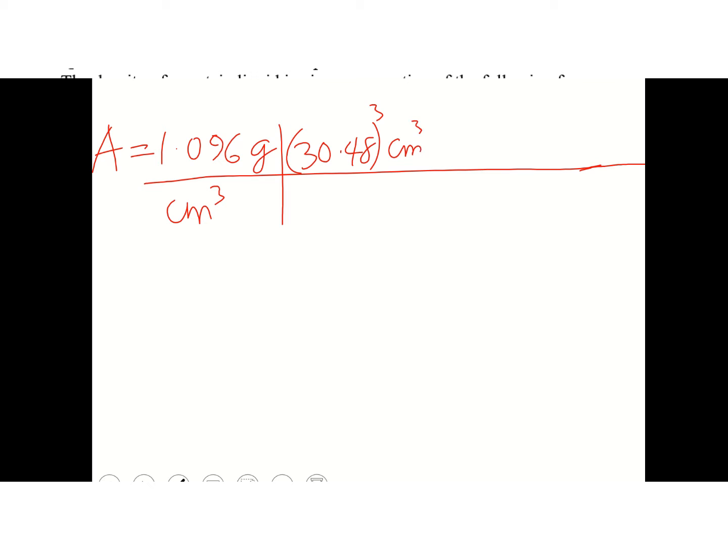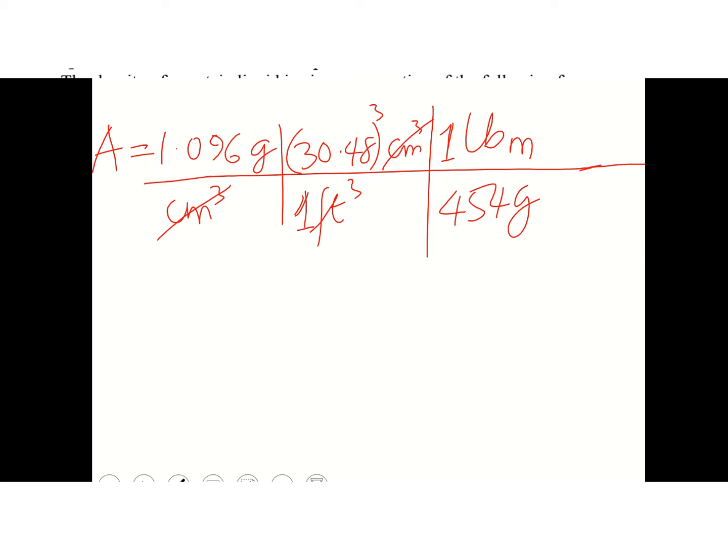Then 1 pound mass is equal to 454 gram. You find all this conversion in the conversion table which has been given to you in class. So cm cube cancels cm cube and gram cancels gram. At the end of the day, you're going to have 68.4 pound mass per foot cube for A.